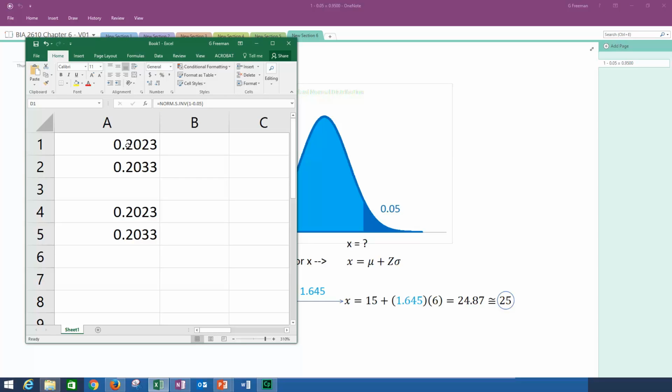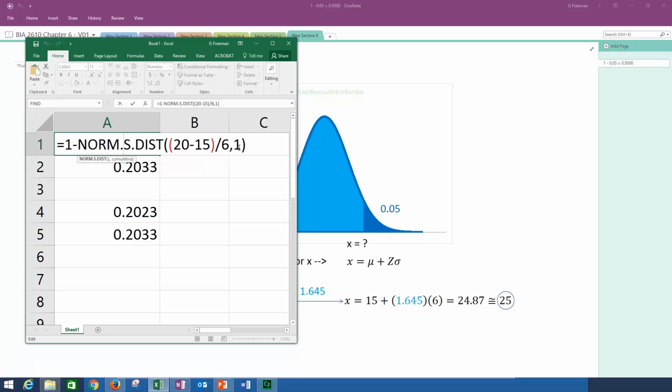This formula, let me double click on it so that you can see what's inside there. This is using the standard normal. The S in the middle is for standard. Here I'm calculating the Z value, and then the 1 tells it that we want the cumulative form.